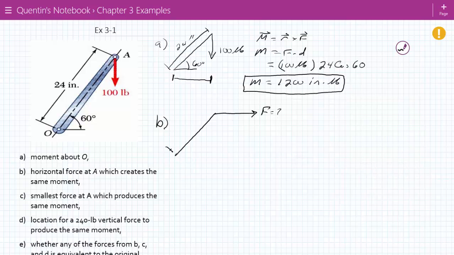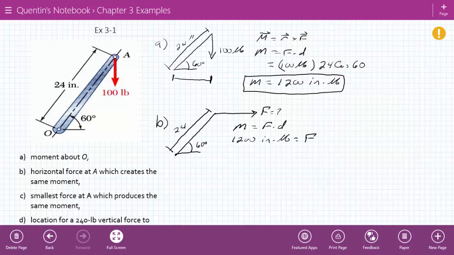This distance is still 24. This is still 60 degrees. So our moment is force times distance, and we know that is 1200 inch pounds, and that's equal to force times distance.